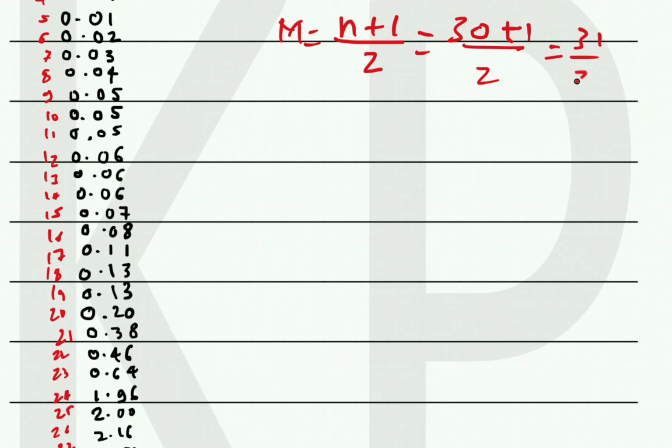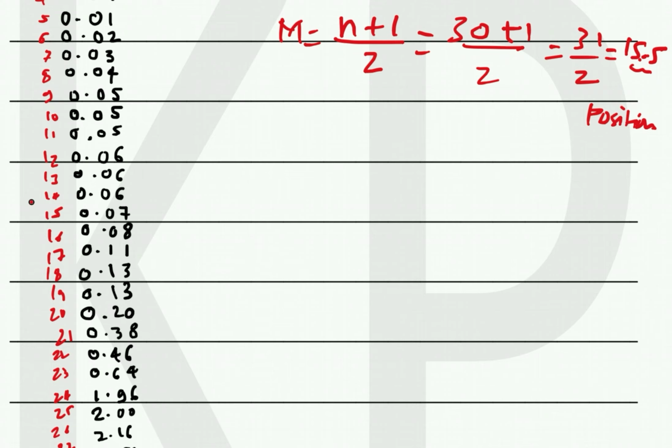Now, we know that the median is nothing but the center point of the data. And you can also use this formula (n + 1) divided by 2, where n represents the total number of data points. So n in this case is 30, plus 1, divided by 2, that is nothing but 31 divided by 2, that is nothing but 15.5, right? So you know that this is the position of the median, between 15th and 16th.